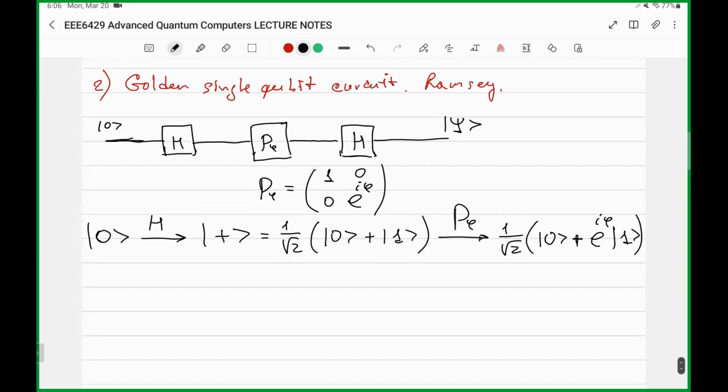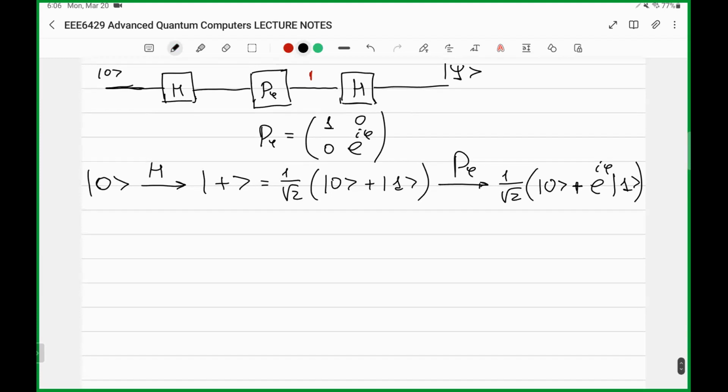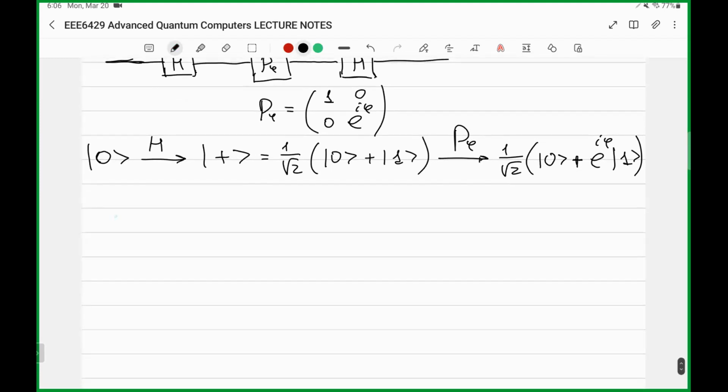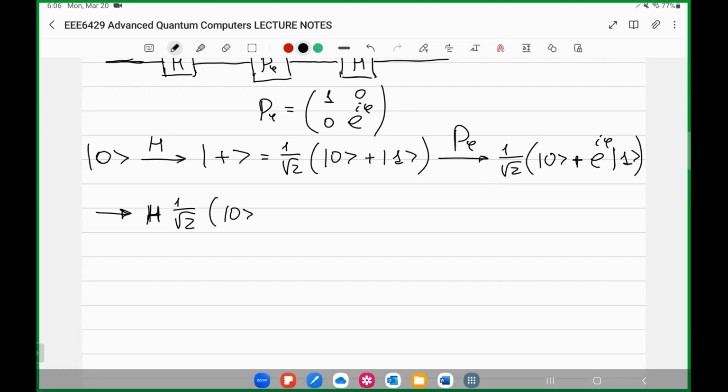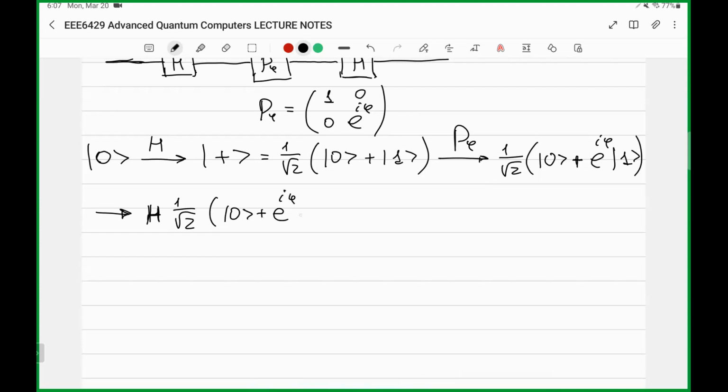So this is my state at this point before the final Hadamard. So now let's apply the Hadamard to this final state. Hadamard 1 over square root of 2, 0 plus e to the power of i phi, state 1.